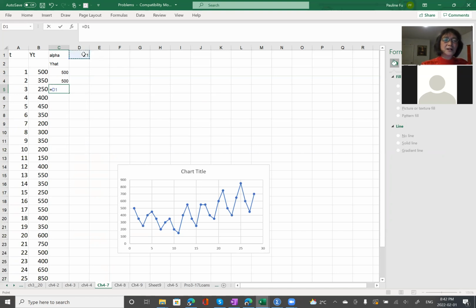So equal alpha, changed to absolute reference, times Yt. This number 350 is Yt, because we are forecasting t plus 1, and when forecasting t plus 1, you use t.